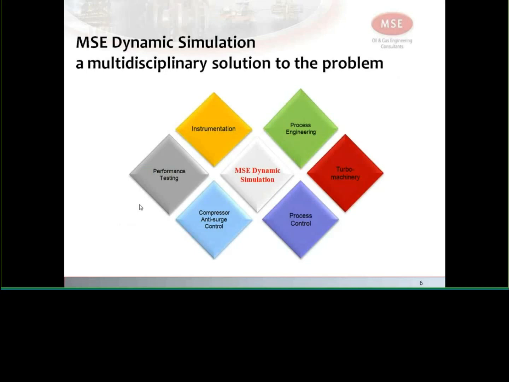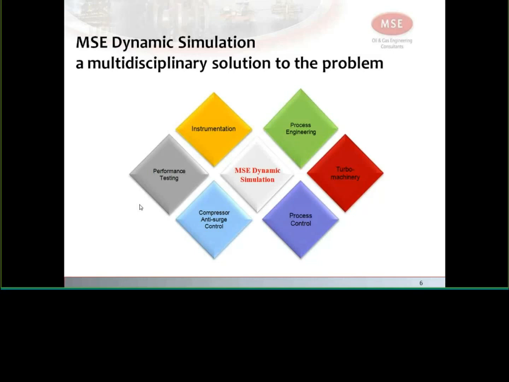You need to know performance testing, performance evaluation, and of course instrumentation, that you can see, what is the information that you're looking at.